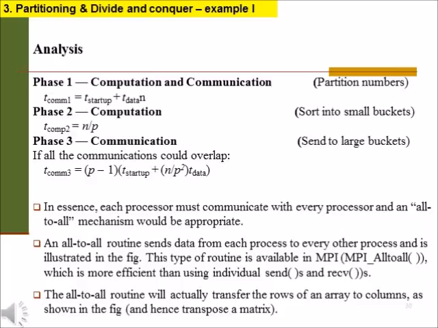Each process must send the contents of p-1 small buckets to the other processors, one bucket being held for its own large bucket. Since each of the P processors must make this communication, if these communications cannot be overlapped in time and individual sends are used, the time would be longer; the lower bound would occur if the communications could overlap, leading to the formula shown under the label phase 3.